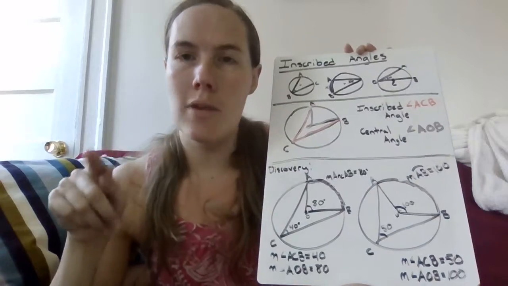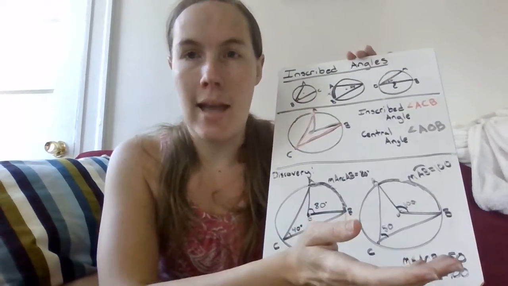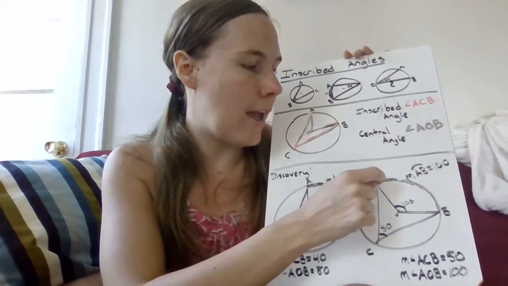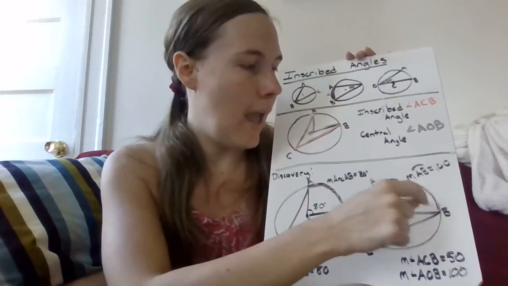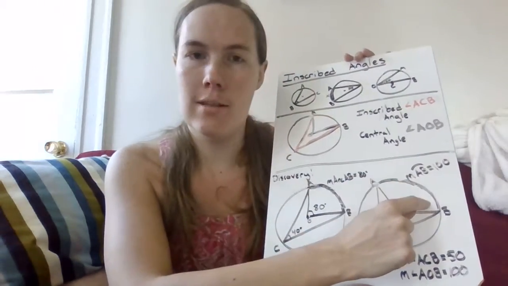So as long as you can figure out your central angle, it's always going to be the same as your arc length. So arc AB, note the arc has to start here and end here. So this arc is 100 degrees.